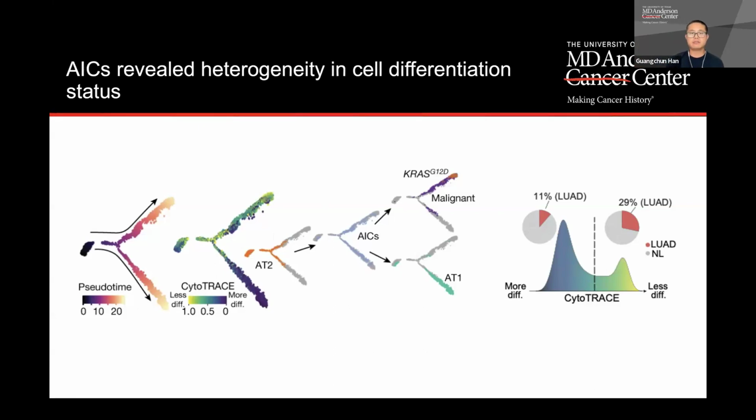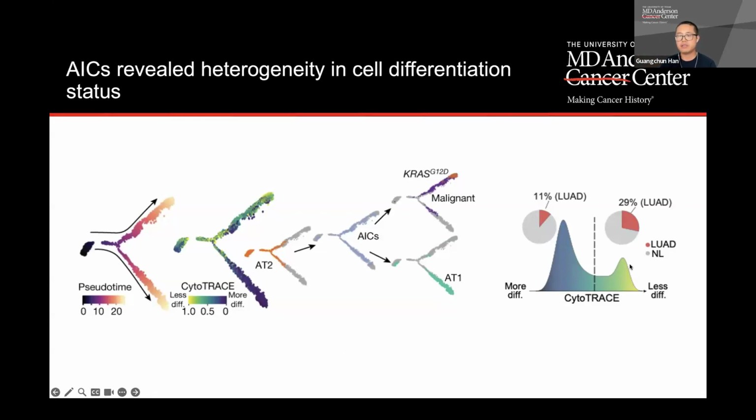And we decided to further look at those AICs and try to see what cells are giving rise to malignant cells. Because here you see the AIC cells are distributed on both branches, we think maybe they are heterogeneous. And by checking the distribution of the cell differentiation level, we are able to find two peaks.